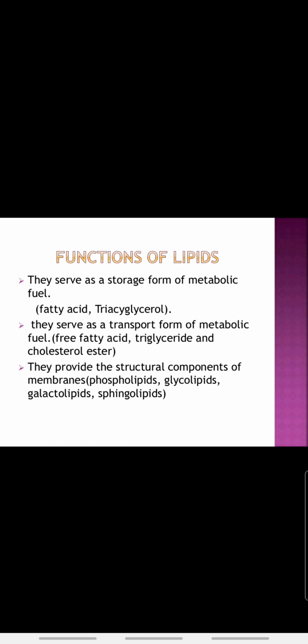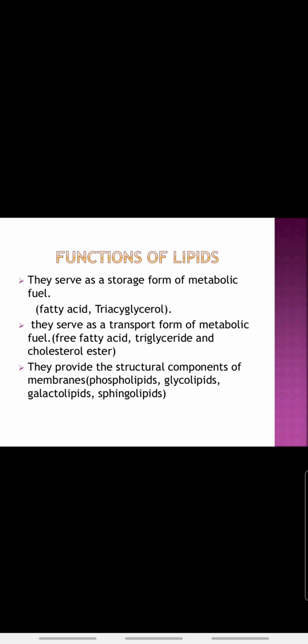The main function of cholesterol is to serve as a precursor in the formation of bile acids and steroid hormones. Cholesterol ester has a long-chain fatty acid linked to the hydroxyl group. So it serves as a transport form of metabolic fuel.